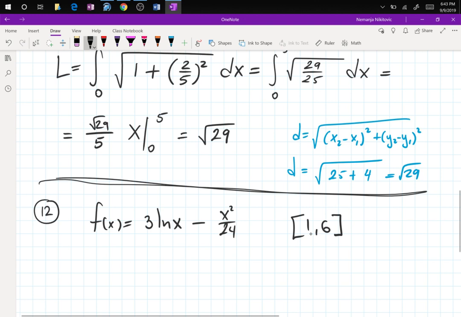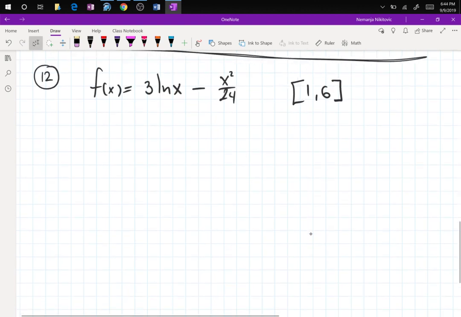Just because I'm nosy, I want to graph this, see what it looks like. 3 ln x minus x squared divided by 24.